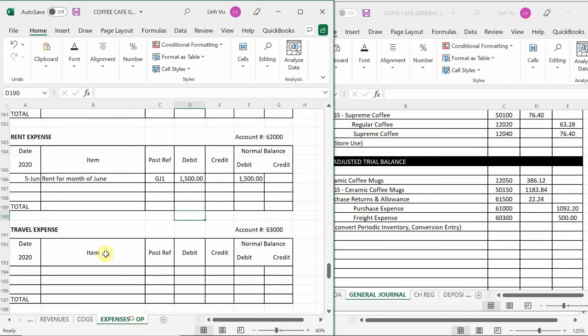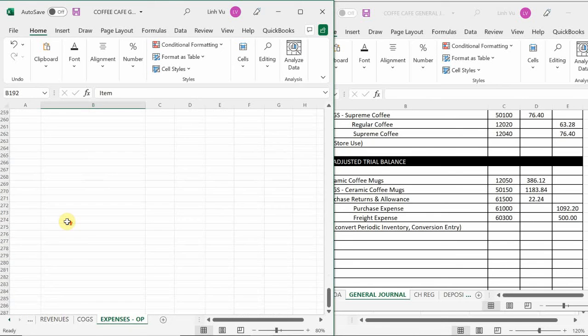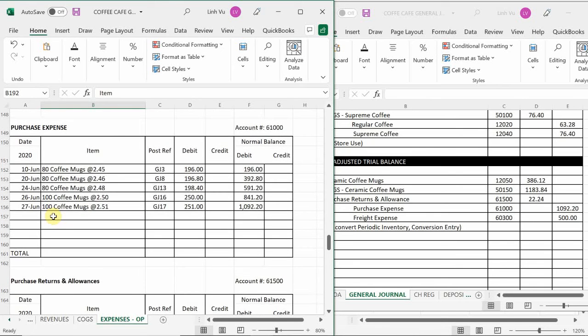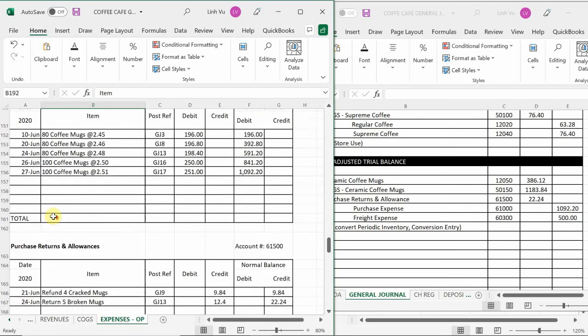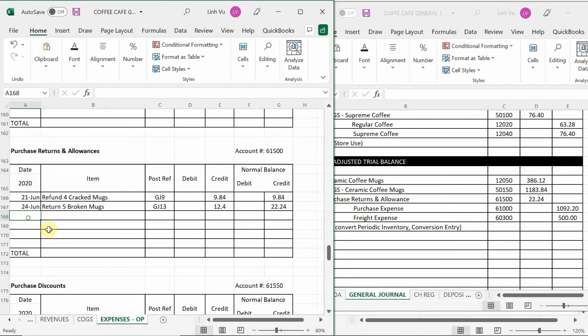So that was an expense. Purchase returns and allowances. I'm going to put an adjustment entry, and we're debiting it for $22.24. So therefore, your balance should now become 0.